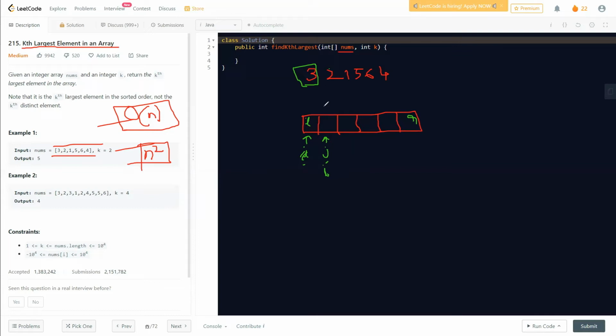So in this case, what will happen? The swap will happen at the same position, and you will find the 2 being placed at this particular position, right? Then we'll check further. After the swap, we will move our j to the next position, increment our j, okay? So we incremented our j, and then we check again if the element on the jth position is less than the element on the left, which is 3.